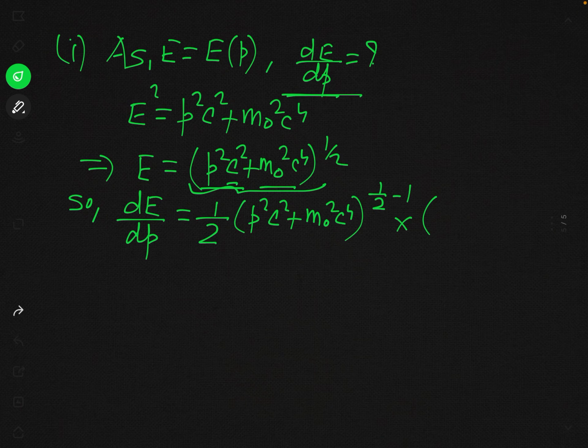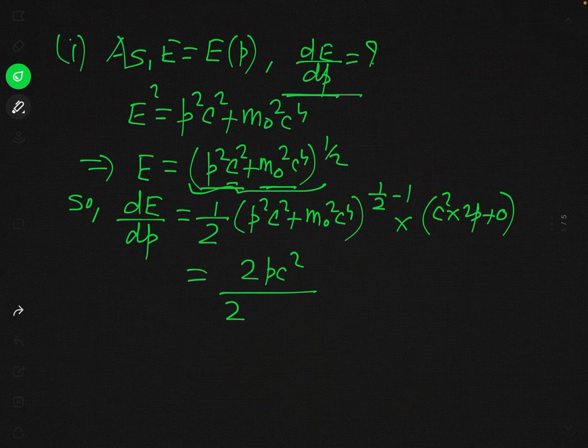Now we will differentiate P square C square plus m naught square C4 with respect to P. You can see here C square is constant, so that will remain as it is, and d by dP of P square will be 2P. And m naught square C4 is a universal constant, so its derivative will in fact be equal to 0.